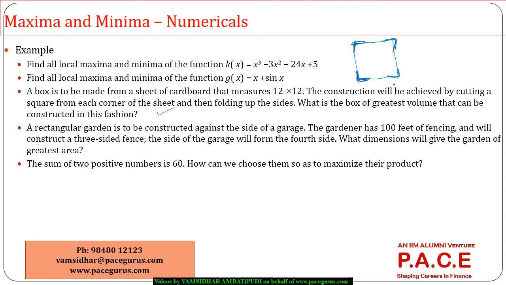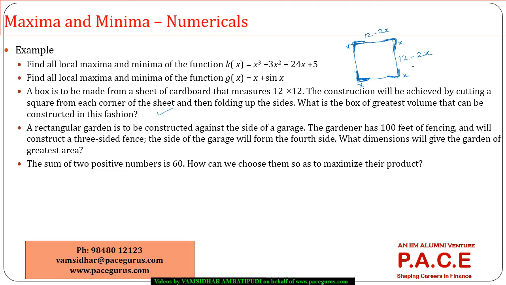Now I'm folding it in such a way that, initially it was 12. Because I'm cutting from both ends of each side, this will become 12 minus 2x. And even this side will become 12 minus 2x, under the assumption that I am cutting x part from each side.